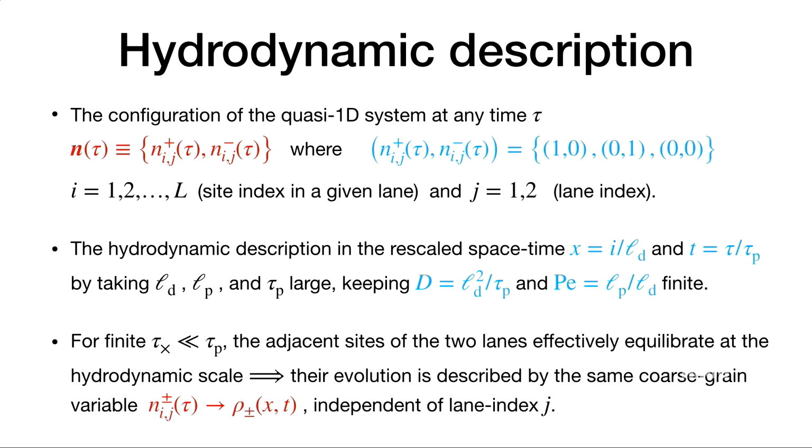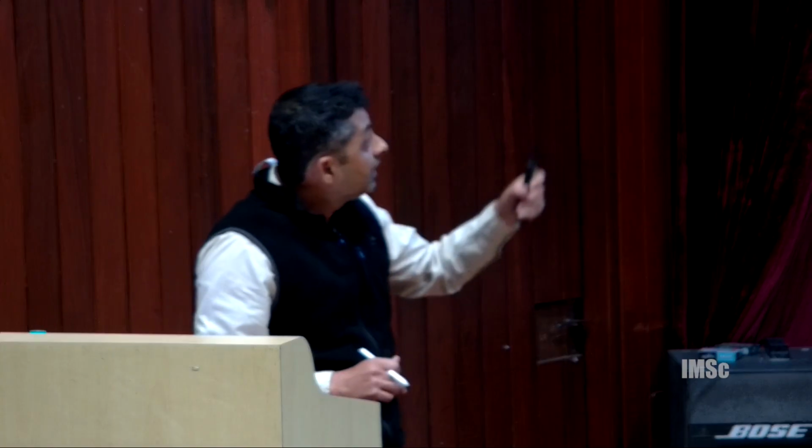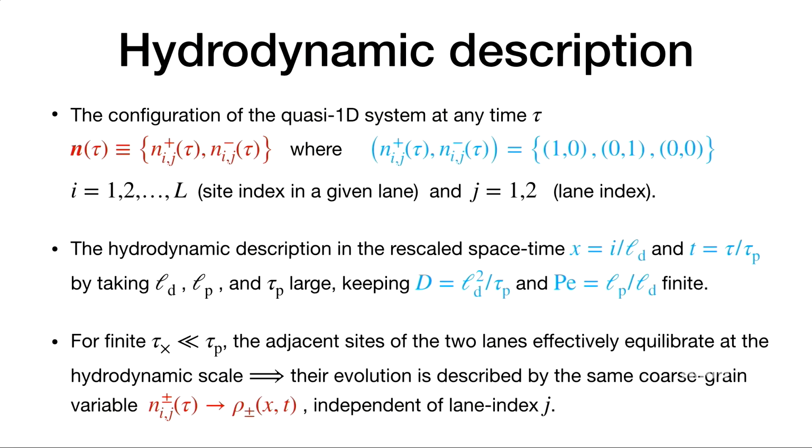With the lane crossing, aren't you just reinserting, like Julia's? Effectively that happens, but it happens at a much lower rate, because in Julia's model the exchange happens at a rate d, and here the exchange happens at a rate 1 by L. So that is point 1.